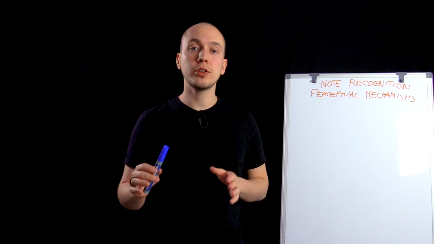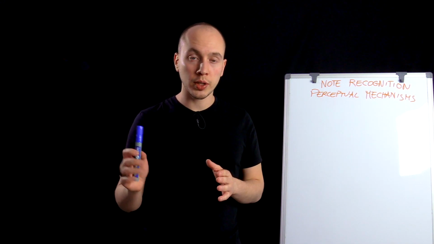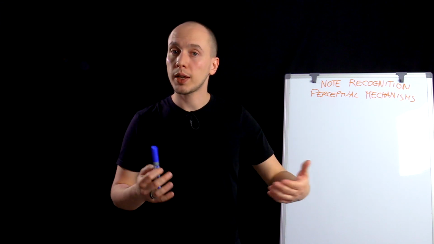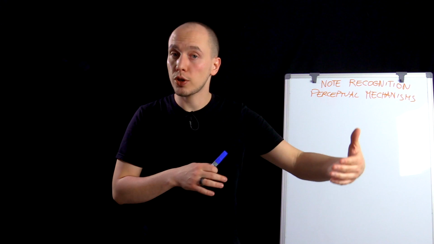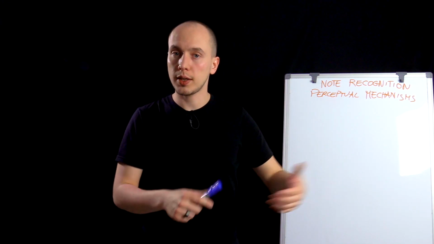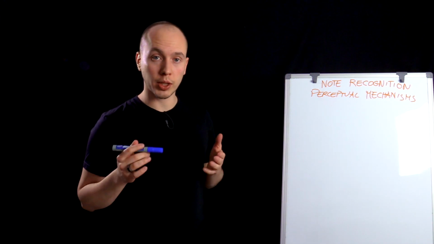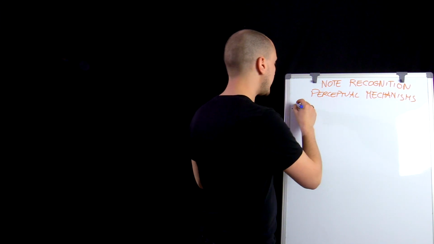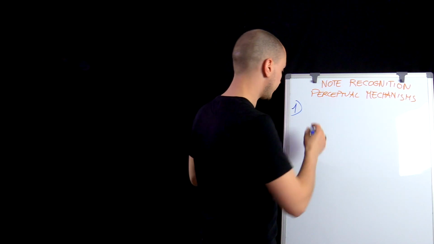The first mechanism of note recognition is directly recognizing the note by feeling its key color, the sensation that it assumes inside the key, the sensation of tension or resolution that it assumes inside the key. So that's the first mechanism of note recognition, recognizing the note by feeling its key's color.